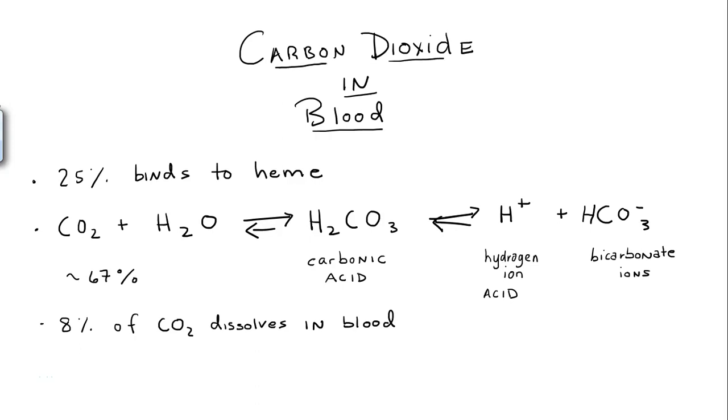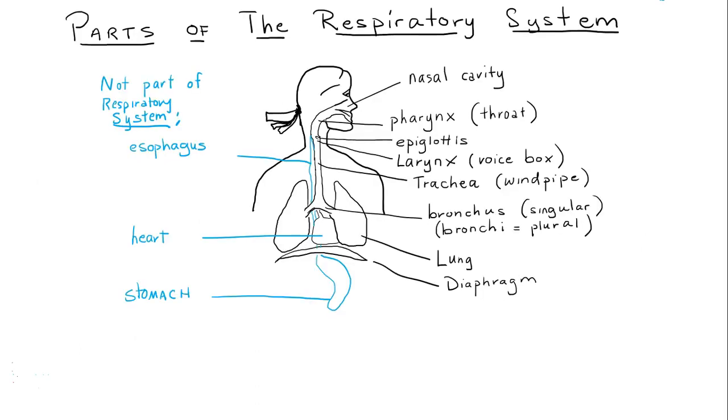Let's take a look at the parts of the respiratory system again, because we're going to go over some other features of the system. For example, the epiglottis, the larynx, which is the voice box, and the trachea, and the bronchi. Okay, so this slide is about the epiglottis and the larynx.